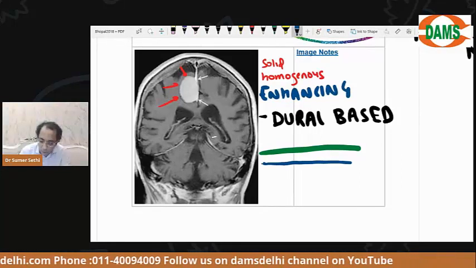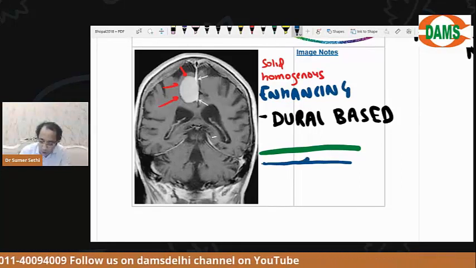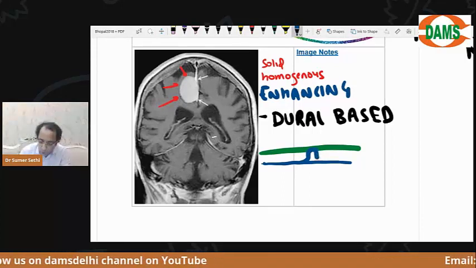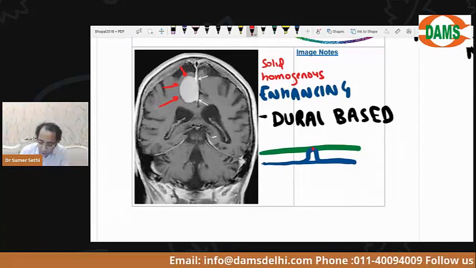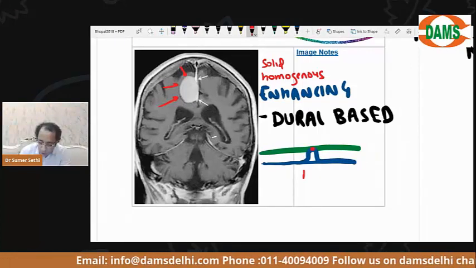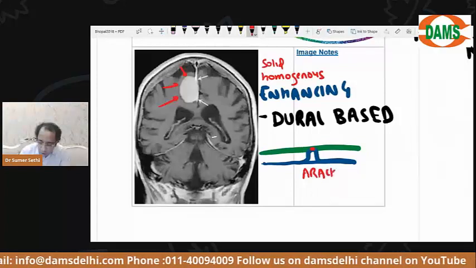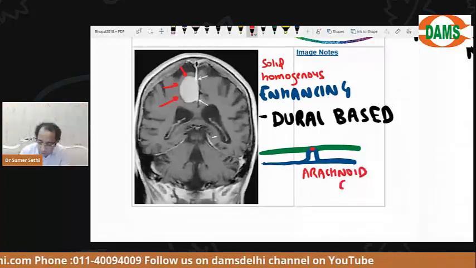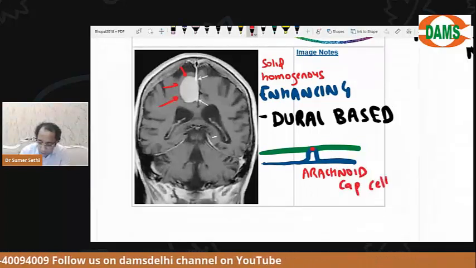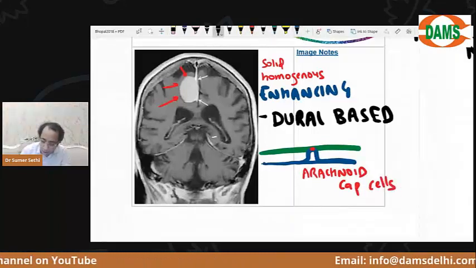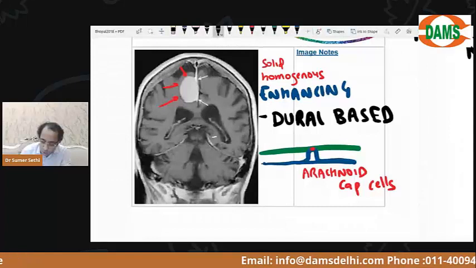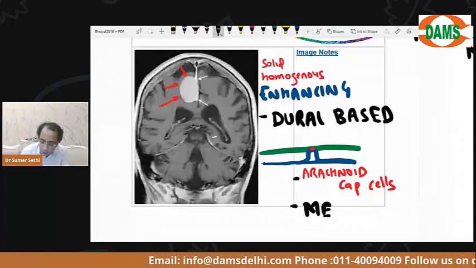The arachnoid mater will give rise to these granulations, which will be going like this. On the top of these arachnoid granulations in the dura, you have cells called arachnoid cap cells. These cells, if they become a tumor, that tumor is called meningioma.